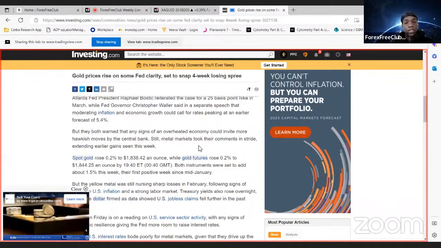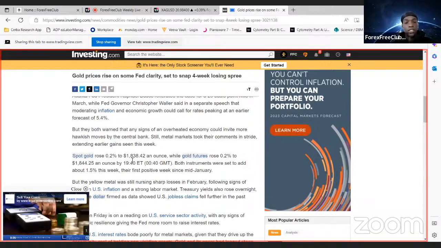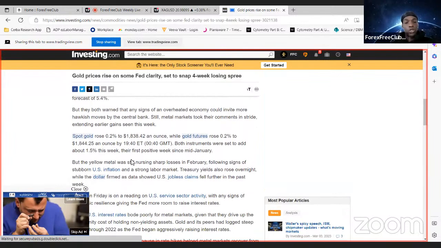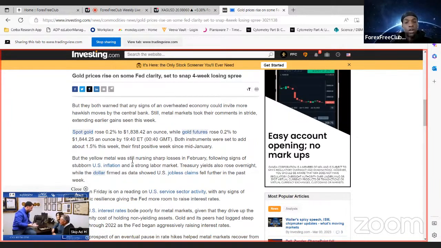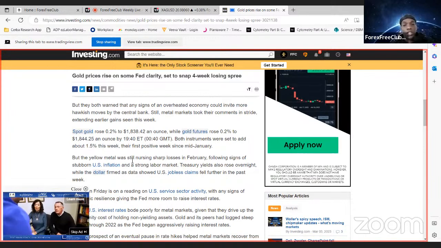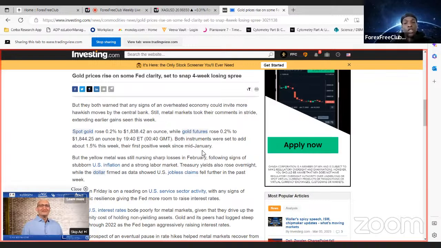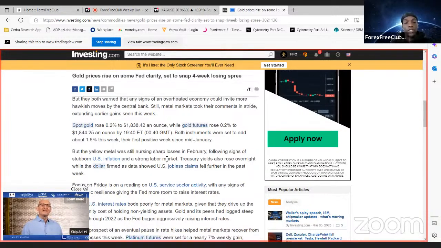Still, metal markets took their comments in stride, extending earlier gains seen this week. Spot gold rose 0.2% to $1,838 per ounce, while gold futures rose 0.2% to $1,844 an ounce. Both instruments were set to add about 1.5% this week, their first positive week since mid-January.